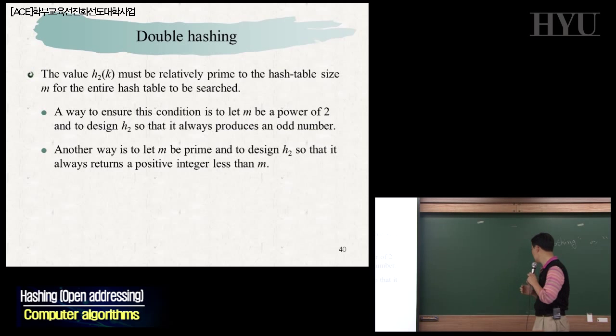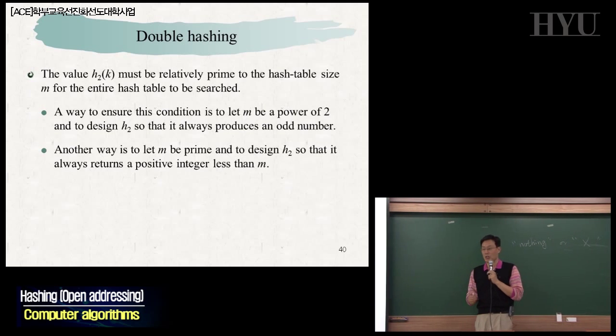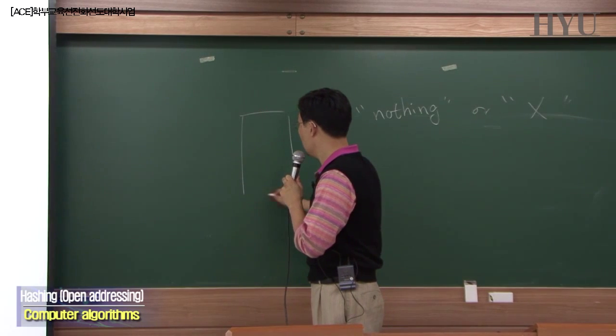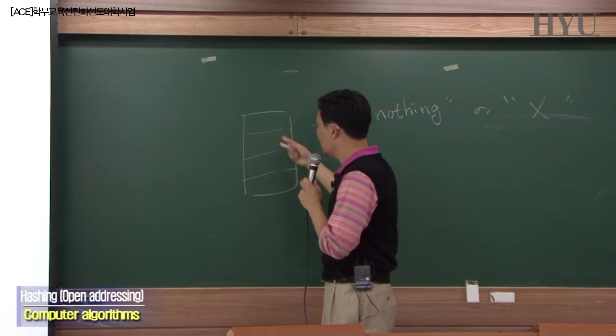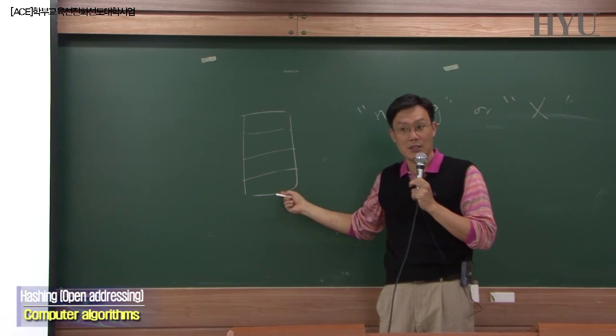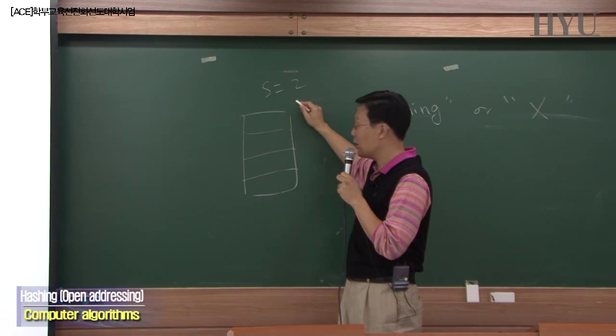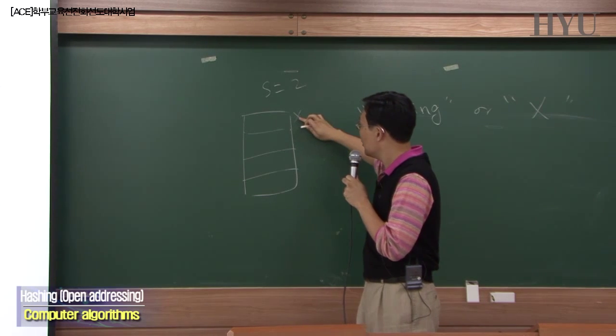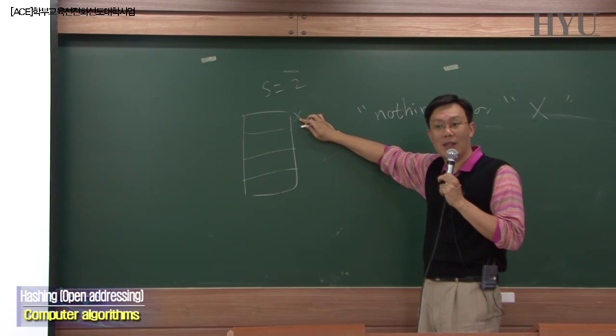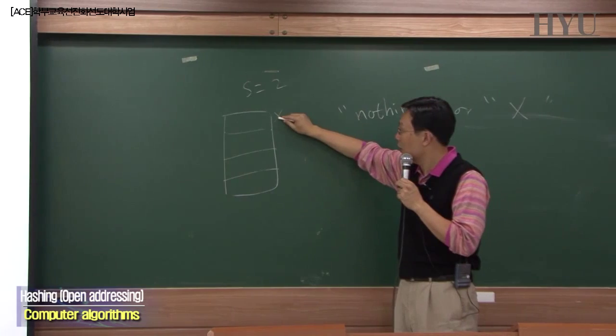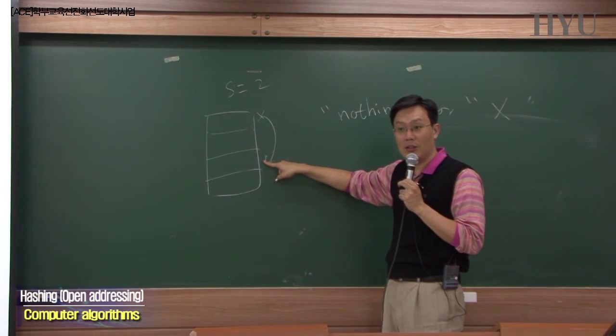If it is not relatively prime to the hash table size, such as, assume that we have 4 slots in the hash table and the step size is 2. Then assume that there is a collision here and then check here.